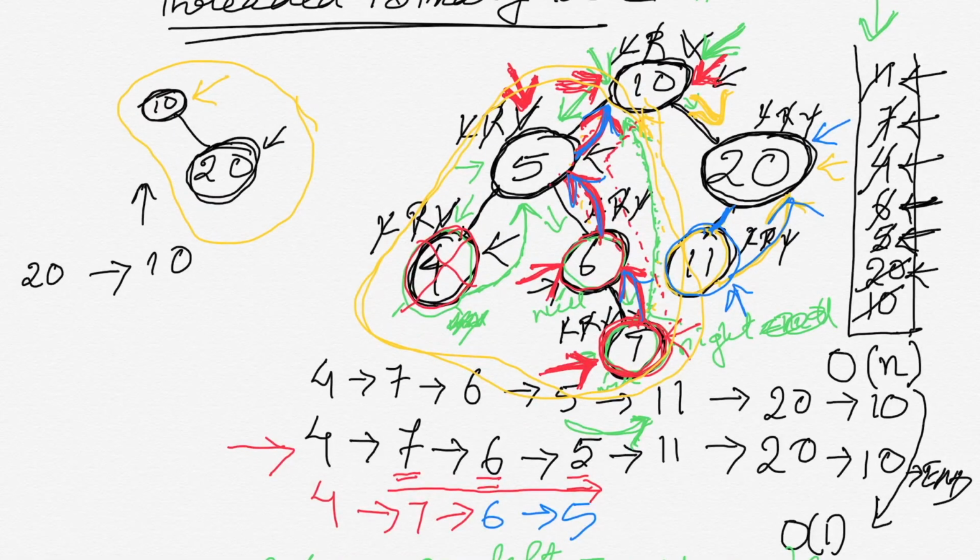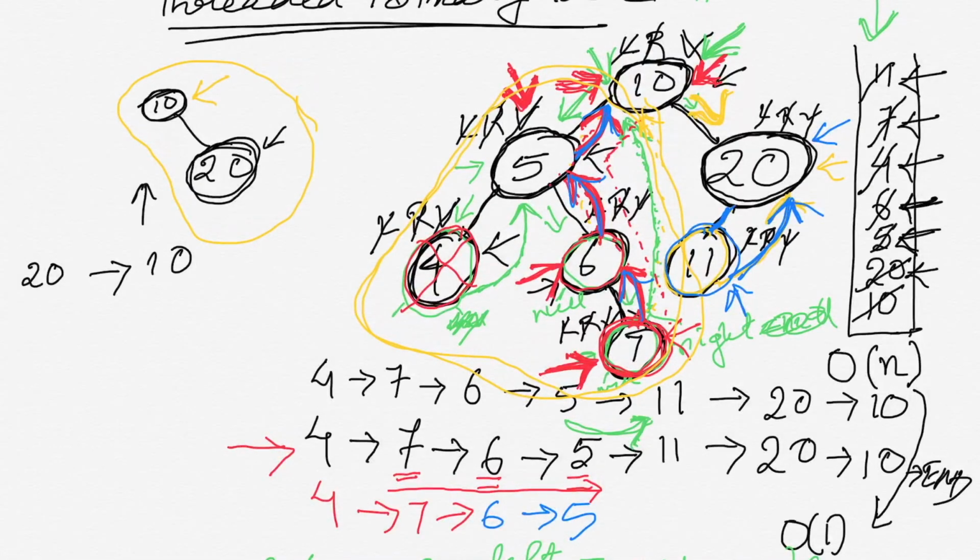So we change the right child pointer of the predecessor to the current node, and that is already done. So even though we are saying that we are changing, in this particular case it is not changing at all, but from here we will go to the next operation, which is printing the nodes till we reach the current node.